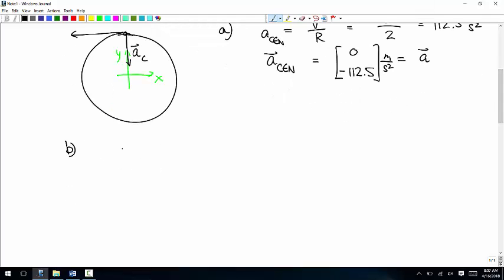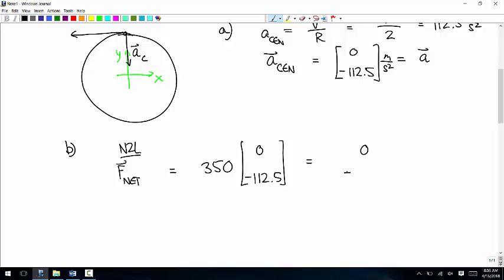Okay, so Newton's second law, to calculate a net force, you don't need a free body diagram for that. You just multiply the mass times the total acceleration. So for this one, F net, we will do a free body diagram for part C. But F net is equal to 350 times 0, negative 112.5. What's 350 times 112.5?